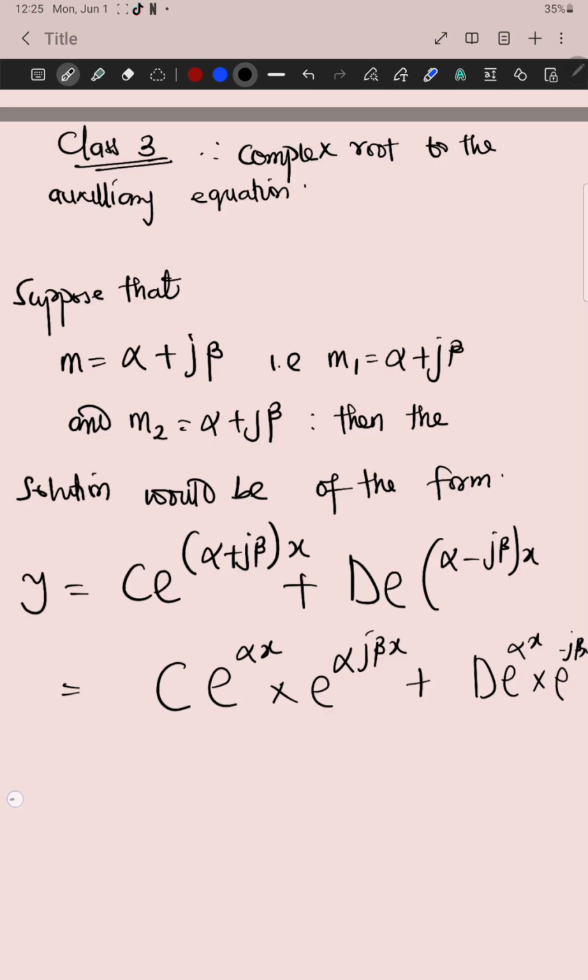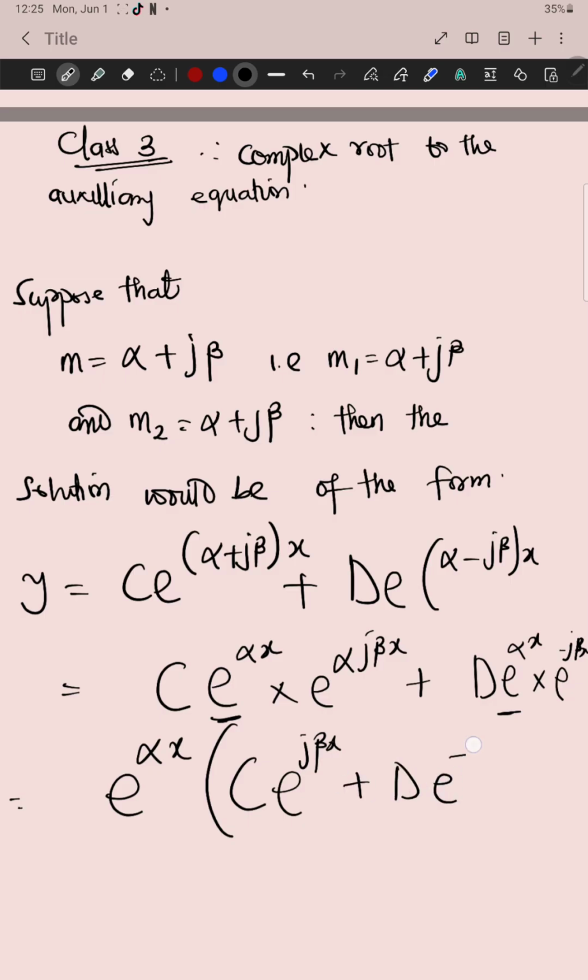Sorry for my handwriting. We have e to the alpha x into the bracket because this is common to both sides: C e to the j beta x plus D e to the negative j beta x. I know you are not understanding what we are doing.